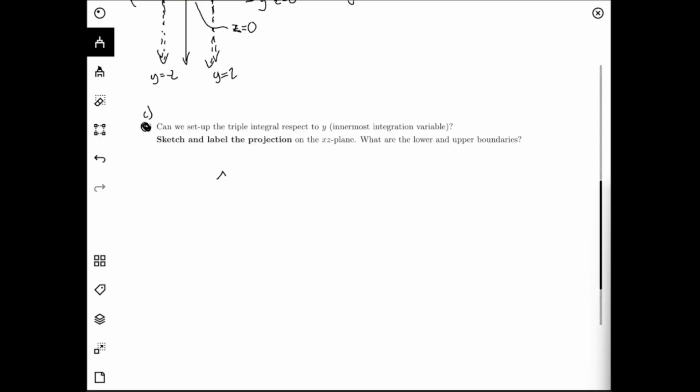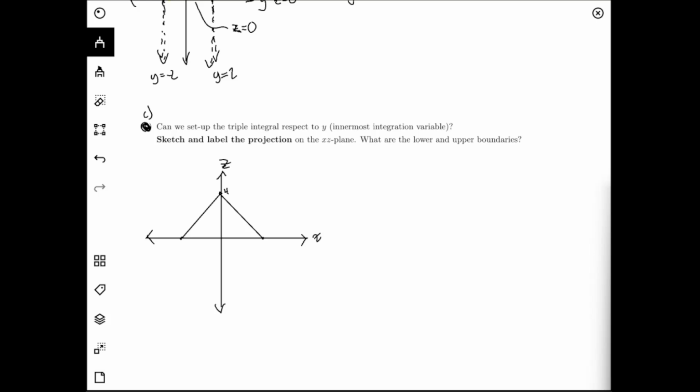So let's go down to our graph then. Z, this one 0, 4, 4, 0, -4, 0. Great.